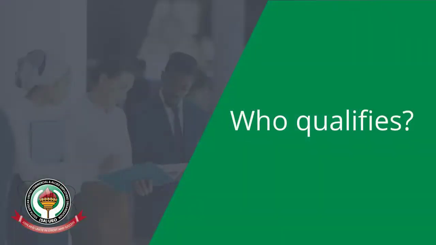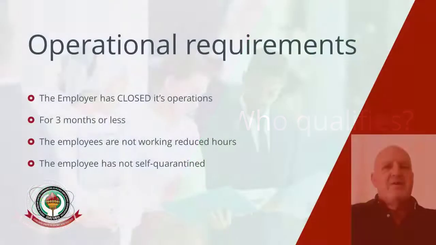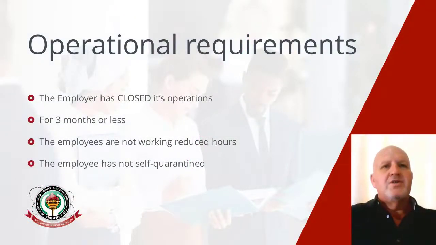So let's first of all look at who qualifies for this. If we look at the first category, we can call this the operational requirements category. The first qualification is that the employer has closed its operations, which means it's in total lockdown and not operating at this present moment. It has to be for 3 months or less. At this stage, let's hope it won't be necessary to go beyond the 21 days of the lockdown as declared.